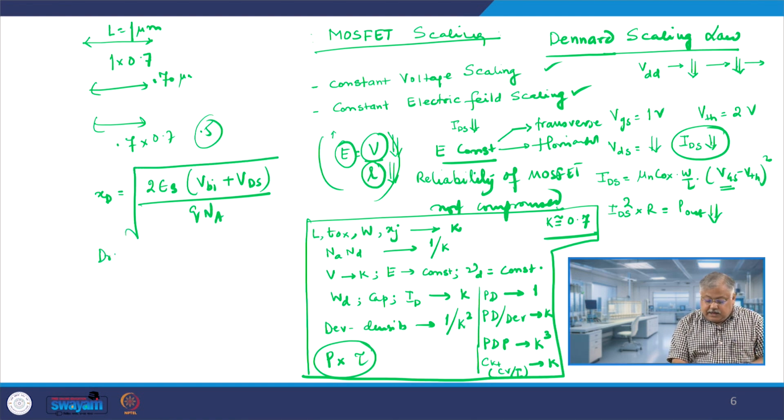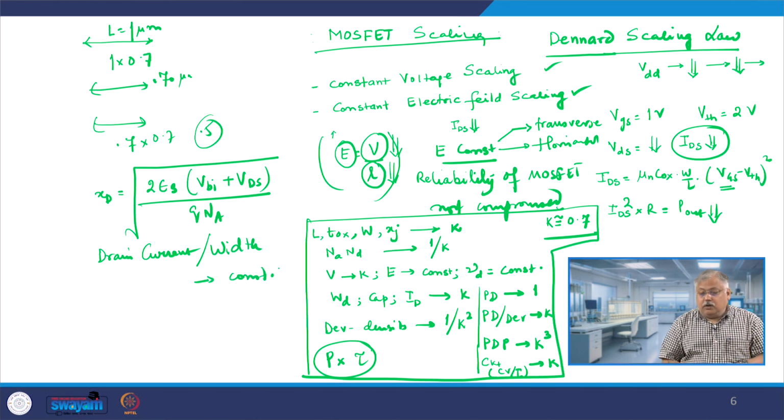However, drain current per unit width, known as the normalized drain current, is always constant. Why is it constant? Because drain current is reducing by a factor of k, the width is also reducing by a factor of k, and therefore if you divide the drain current by width, you get a constant value.